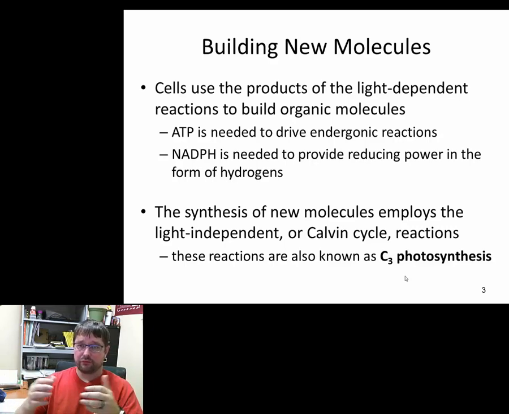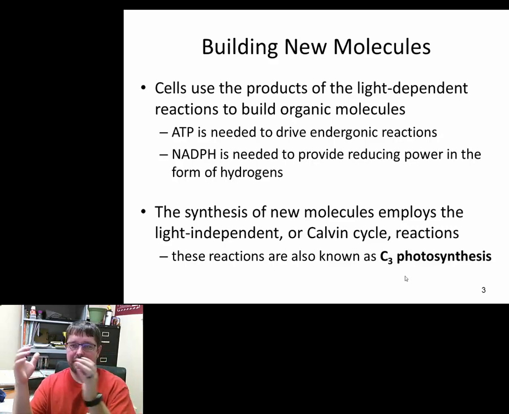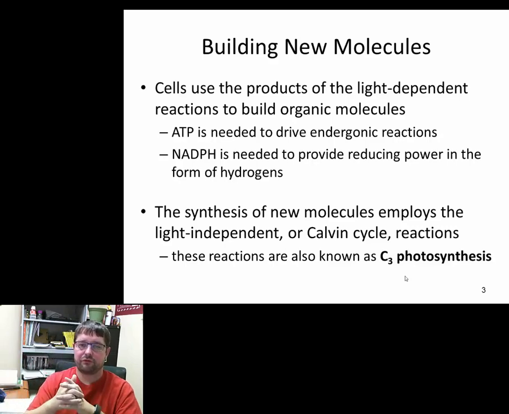Now, when you go through the light-dependent reaction and the light-independent reaction to construct new molecules, it's considered C3 photosynthesis. At least the straight method of going through light-dependent when photons are available, and light-independent at night or during the day. That's C3 photosynthesis.